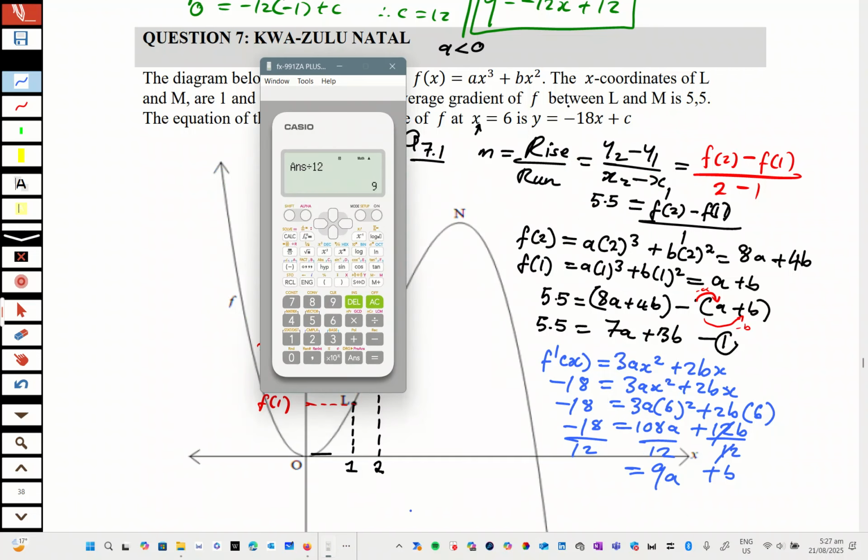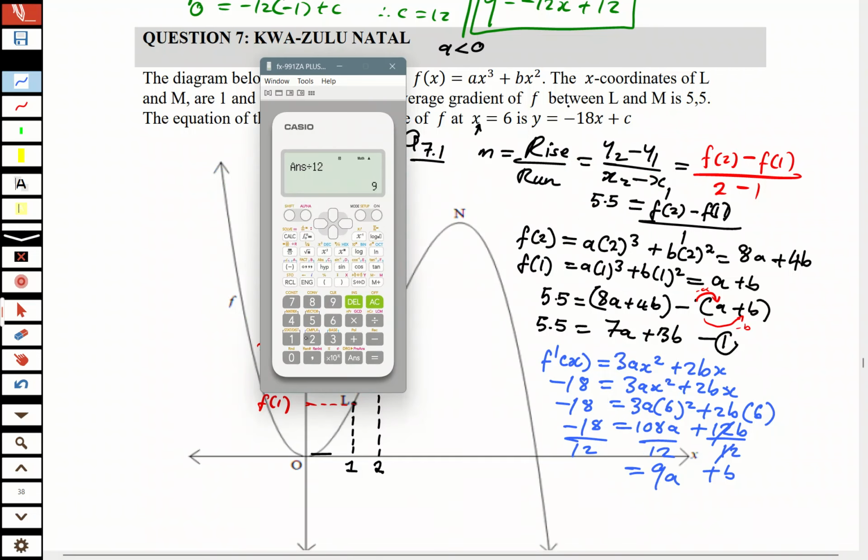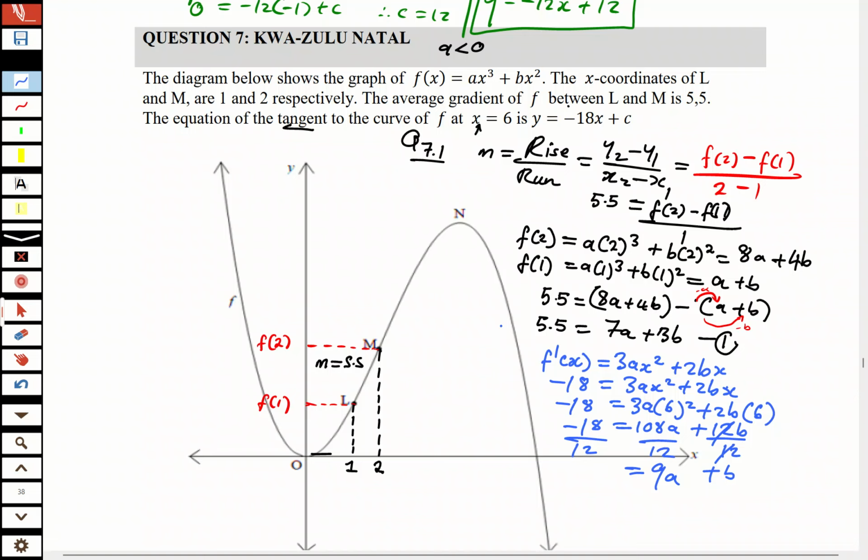So I think it's going to give you a fraction, maybe 3.5 if I'm not mistaken. 18 divided by 12. 3 over 2. You can say, what factor can we use that can get to 18 and also to 12? Understand? So we can use 6.